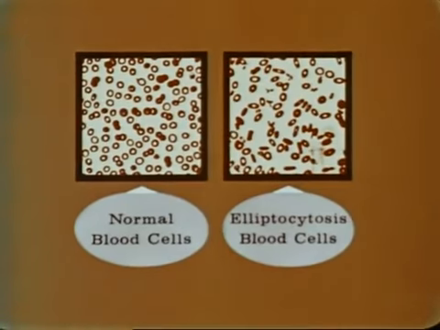Linkage between markers and rare pathologic traits can also be investigated. However, the pathologic trait should be inherited as a dominant, for example, elliptocytosis, and must be identifiable in the great majority of persons heterozygous for the gene.